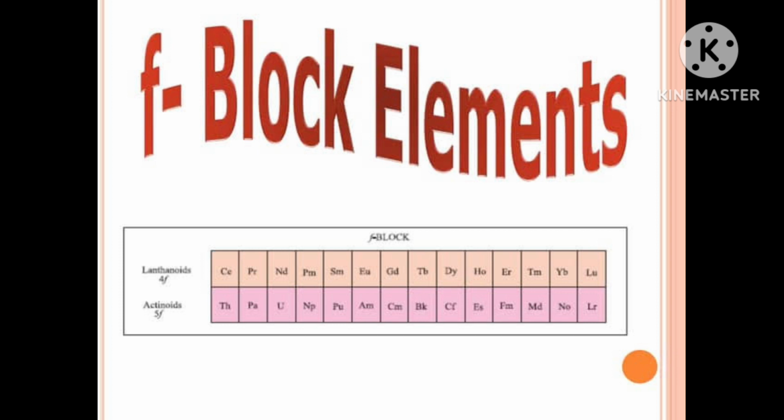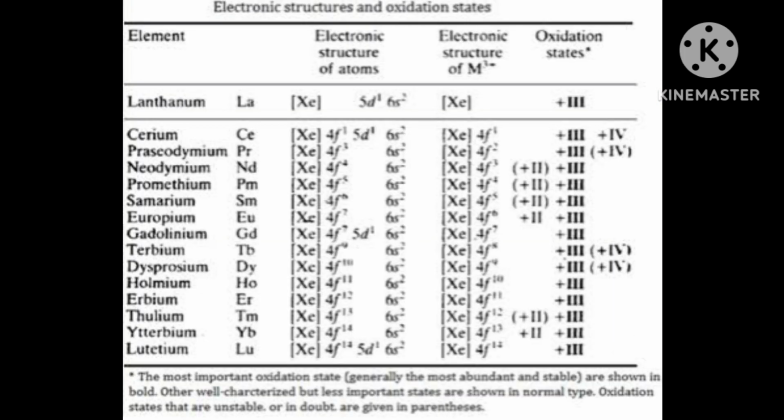This irregularity arises mainly from the extra stability of empty, half-filled or fully filled f subshell. Why this irregularity? You are getting +3, and also +2 and +4, but generally +3 is common.